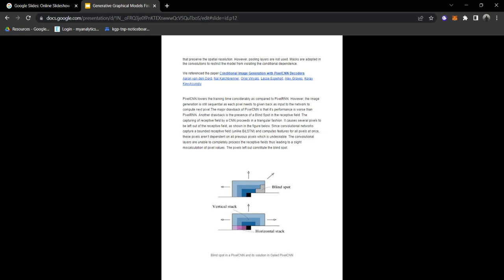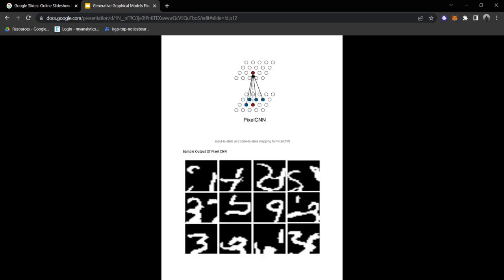The convolutional layers are unable to completely process the receptive fields, thus leading to a slight miscalculation of pixel values. The pixels left out constitute the blind spot. Here we can see the blind spot. Now this is some sample output of the Pixel CNN.